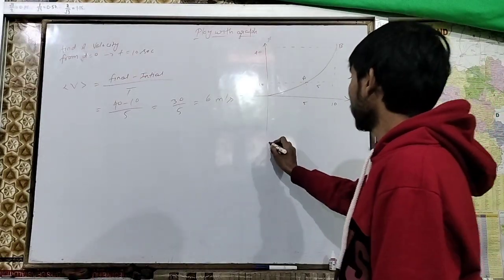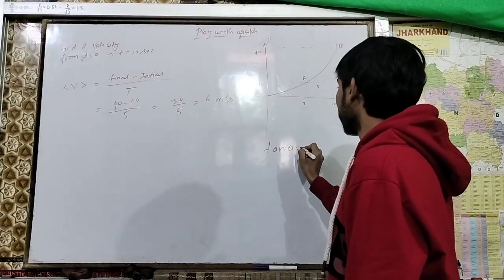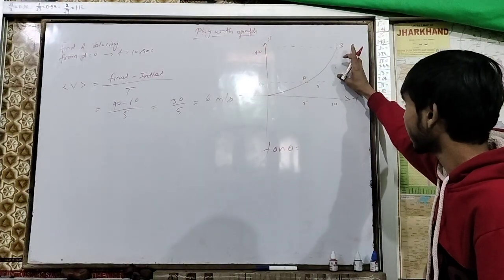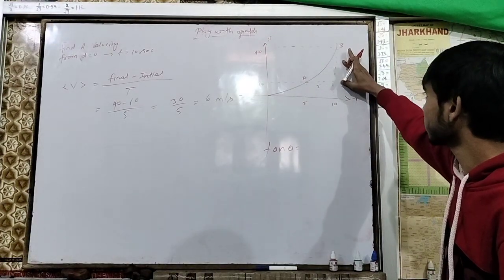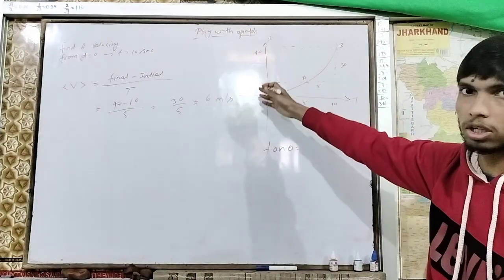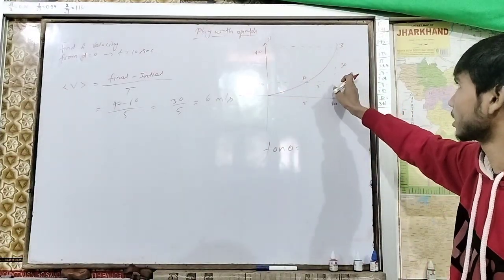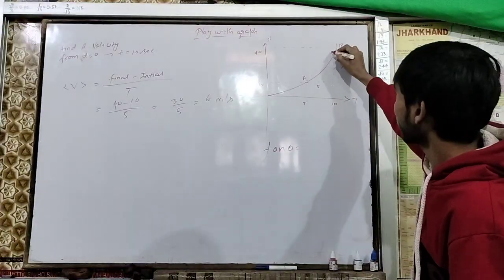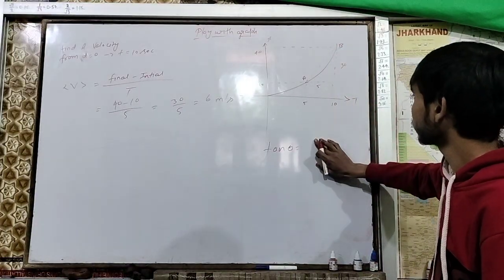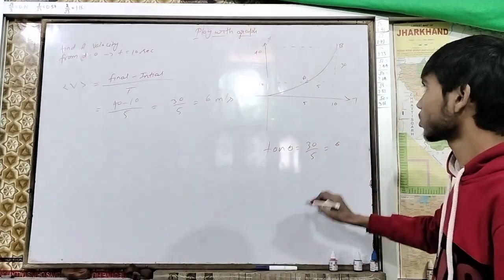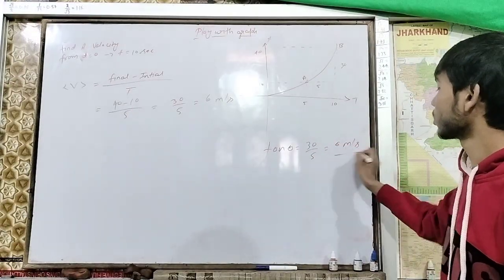Now, if you want to find tan theta, in that case this is our P and B. P is nothing but 30, because 40 minus 10 is 30, and 30 upon 5 will be your 6. So 6 meter per second.